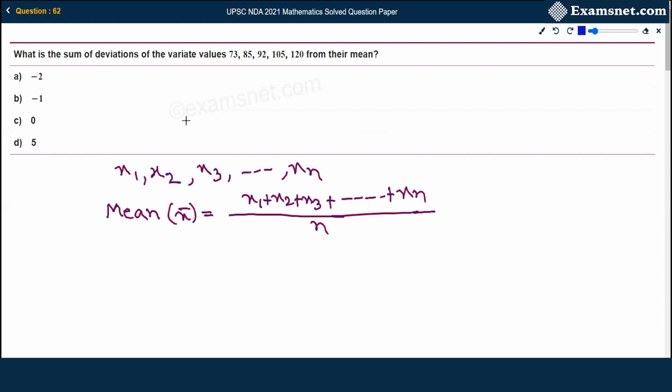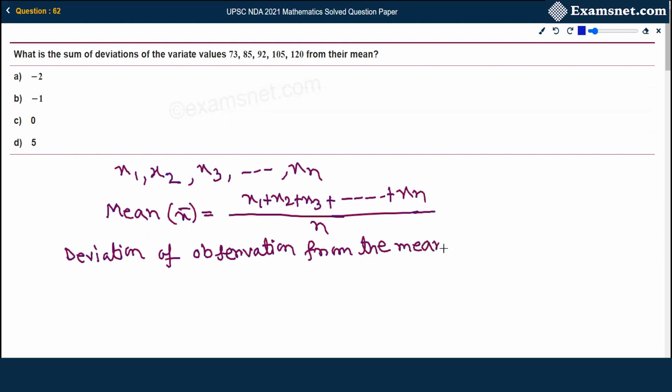Okay, and here also how to find the sum of the deviation. The deviation of an observation from the mean is xi minus x bar.